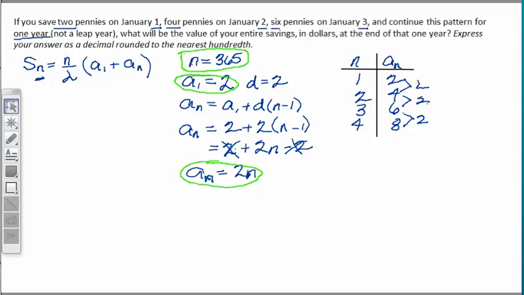So I've got S sub n, and my n is going to be 365. Sorry guys, it's hard to write really little. I'm going to continue replacing my n's with that 365.